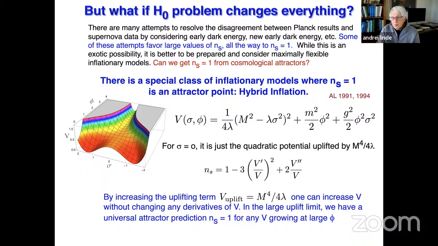So can we be even more flexible? And this was a substantial surprise for us, because alpha attractors are pretty predictive. They predict whatever they predict.